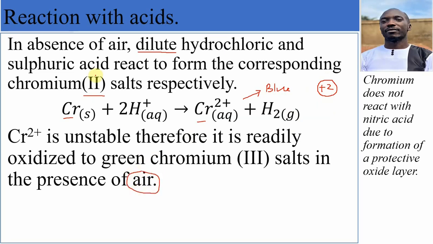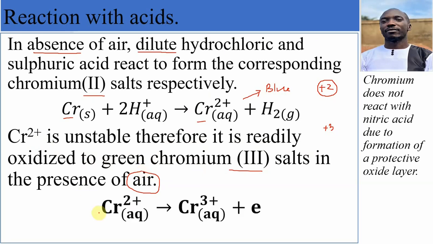And that is why here we are having our reaction in absence of air, to make sure that the chromium 2 formed does not get oxidized to chromium 3. So we are saying that chromium 2 is unstable, therefore it is readily oxidized to green chromium 3 salts. So positive 3 is the stable oxidation state that chromium 2 gets oxidized to in the presence of air. So the air contributes much to the oxidation of chromium 2 ions.